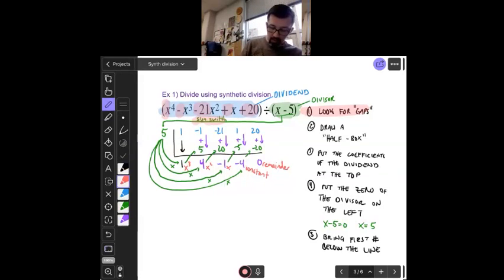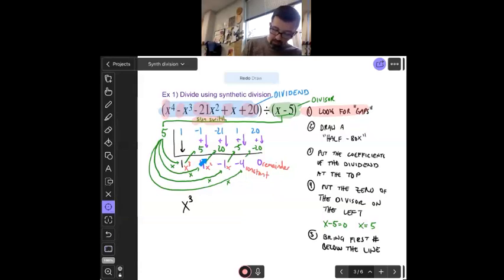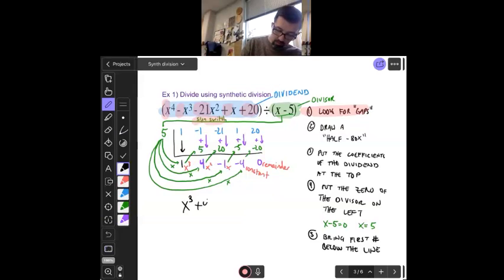How I interpret those numbers, I see 1x cubed, positive 4x squared, negative 1x, so just negative x, and then negative 4, which is again a constant, no variable.